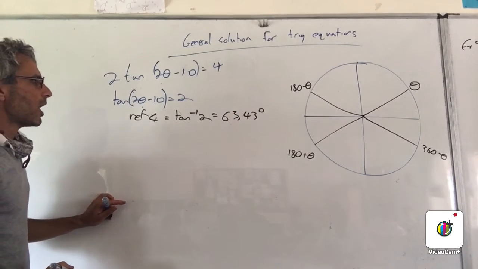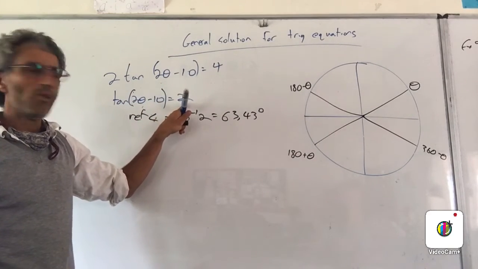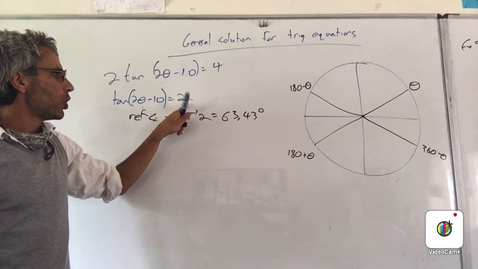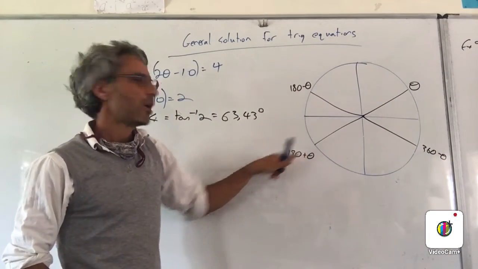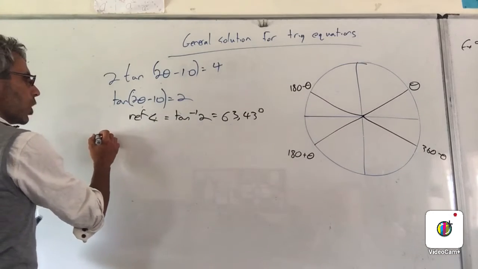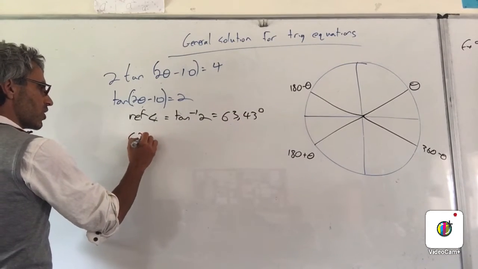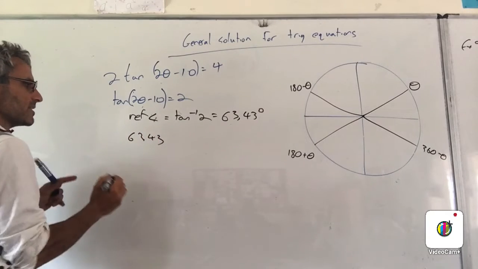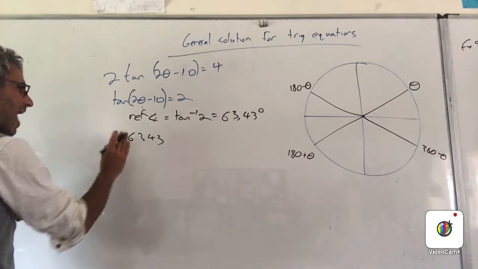Now I've got a positive here, so which quadrants am I looking for answers in? First and third. So now I have to say something is equal to 63.43. What is this something? It's not theta. It's 2 theta minus 10.